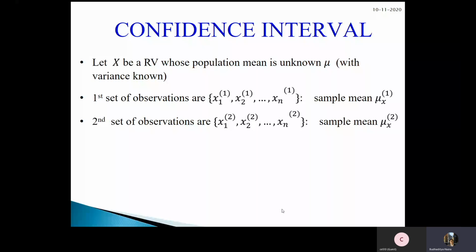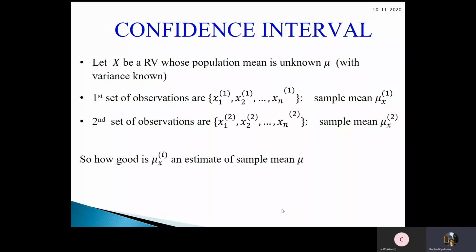You cannot perform an infinite number of experiments, and I have talked about this many times. If you are doing concrete compressive strength testing, you cannot perform an infinite number of tests, right? So similarly, you can get first set, second set, third set, n sets of n observations.